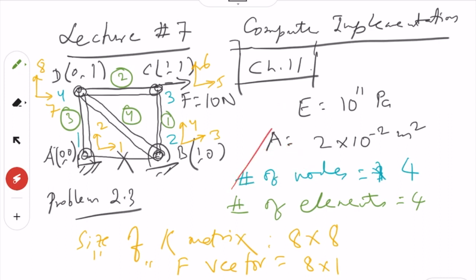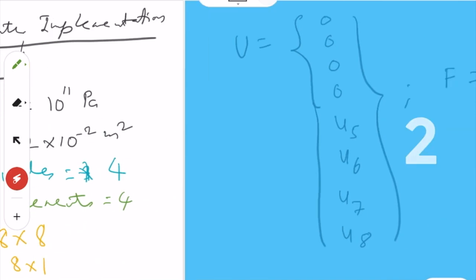So, all angle measurement will be with respect to horizontal like this. Since we have taken this as our reference, the local numbering here is 1, this is 2, this is 3, this is 4, which is local corresponding to global 3, 4, 7, 8.